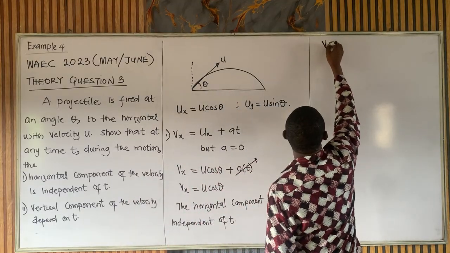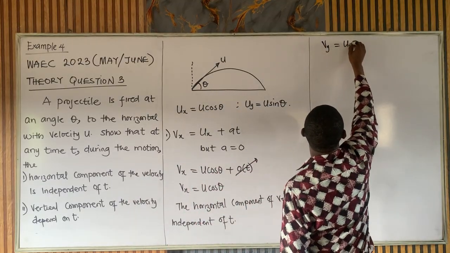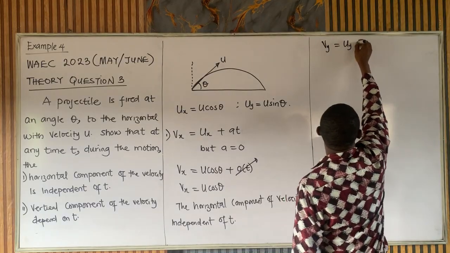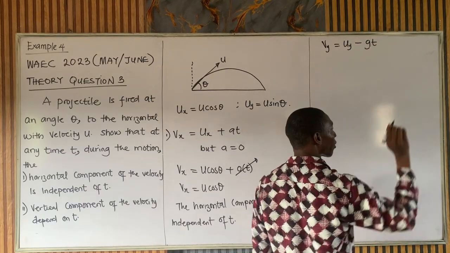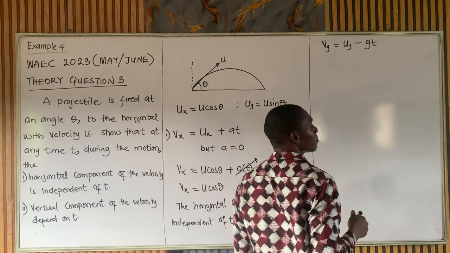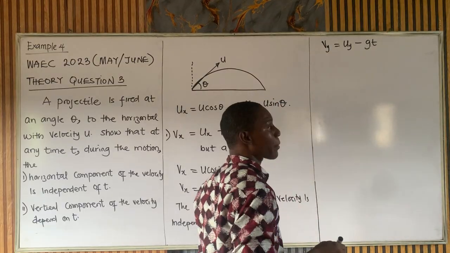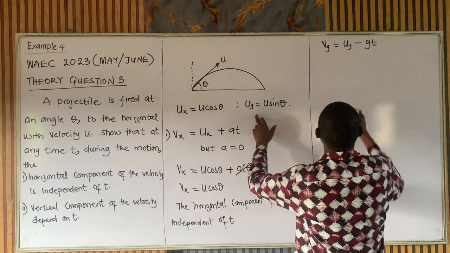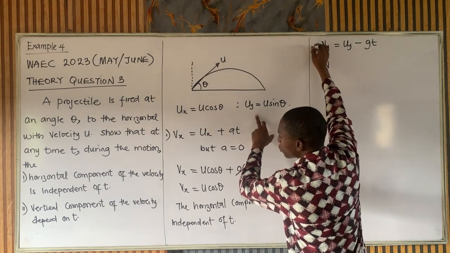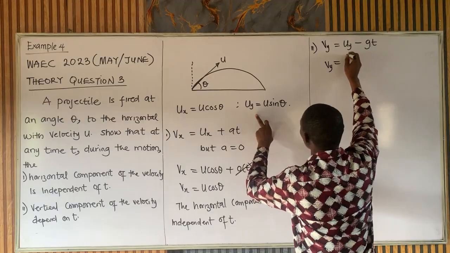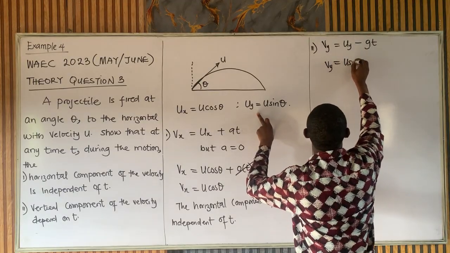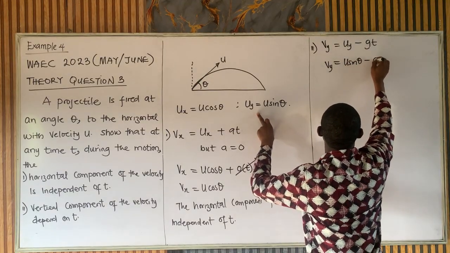It will be given as Vy is equal to uy minus gt. Minus because the object will first of all move upward. That's why it's minus. Now, from here, Vy is given as our uy, which is u sine theta, minus gt.